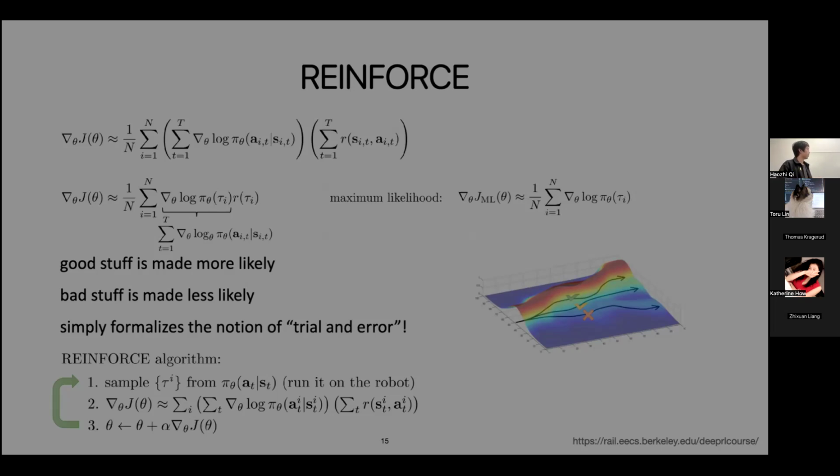What makes the formulation interesting is that it's a weighted average. It is very similar to a supervised learning algorithm, where instead of labels you have the network's predictions from pi theta, weighted by the reward function.